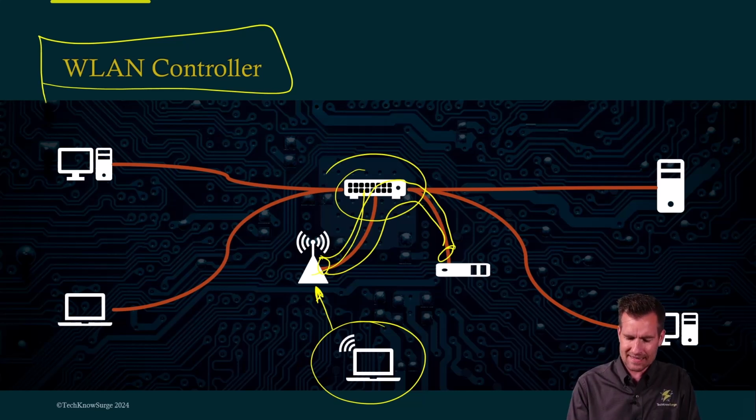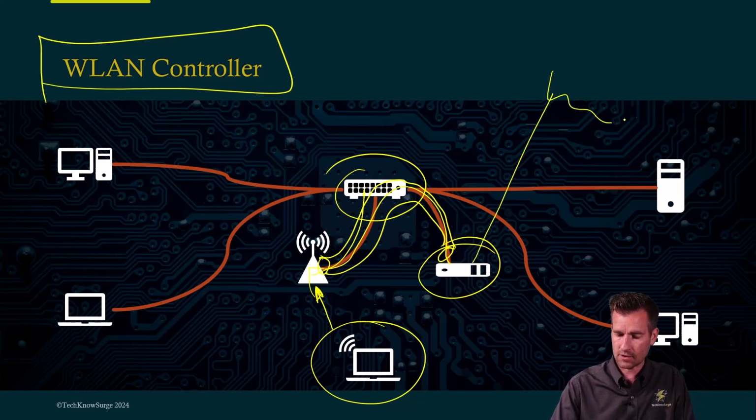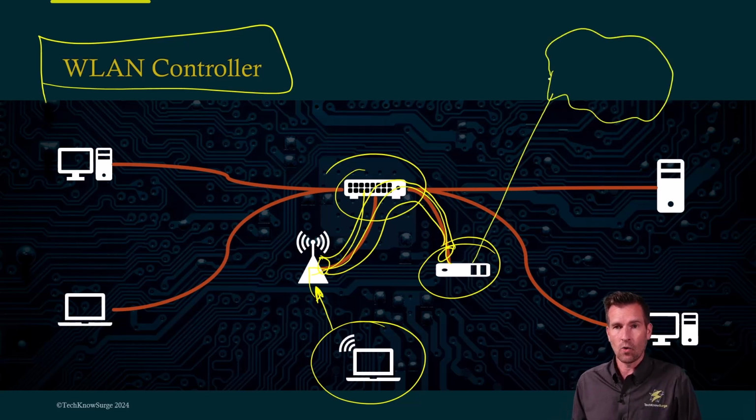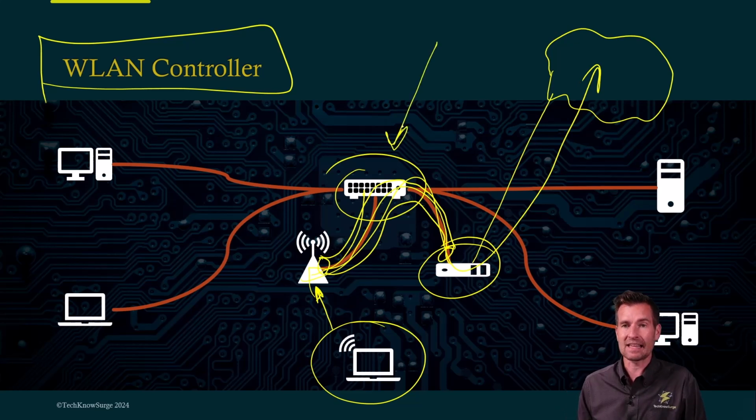So what happens is that traffic gets encrypted and tunneled back to the wireless LAN controller, and maybe that wireless LAN controller has a direct connection to the internet or some sort of firewall, however we have this set up, but it lands this client on the public network without ever compromising anything internally.